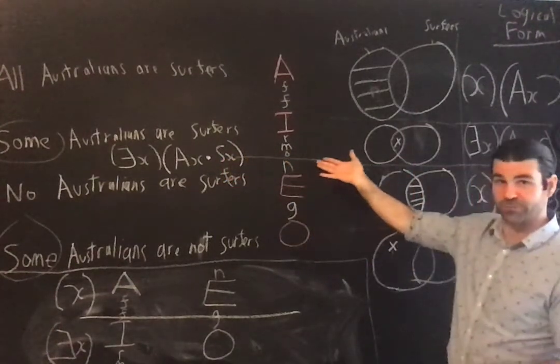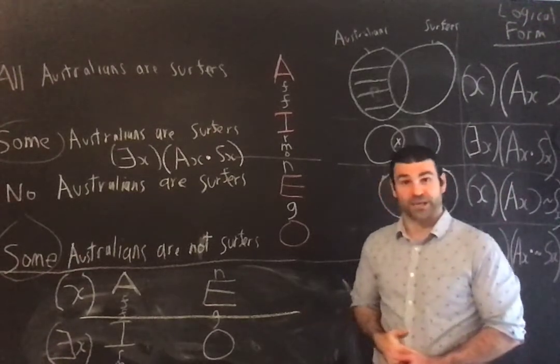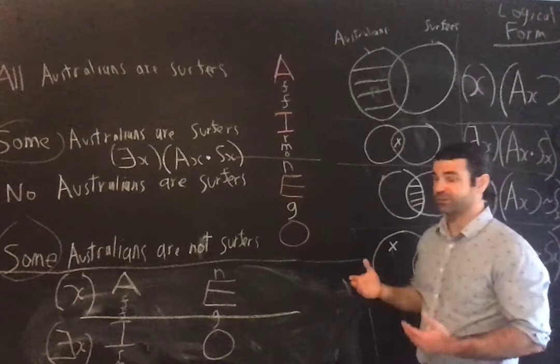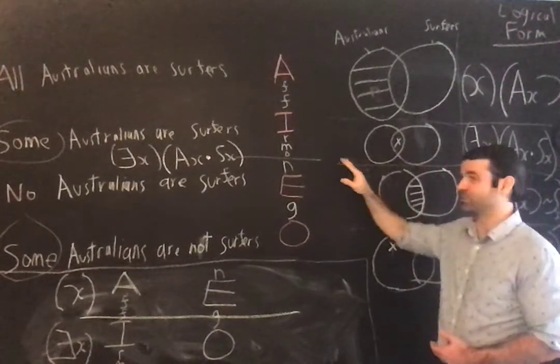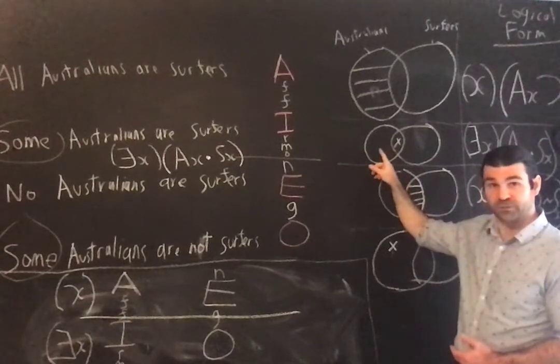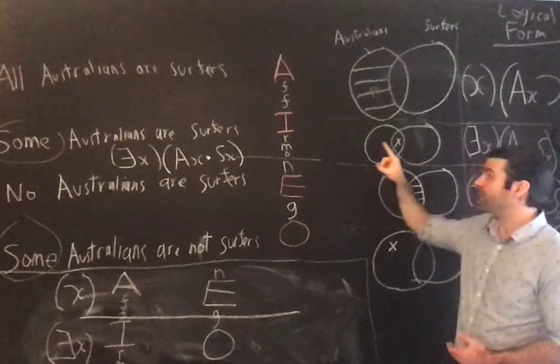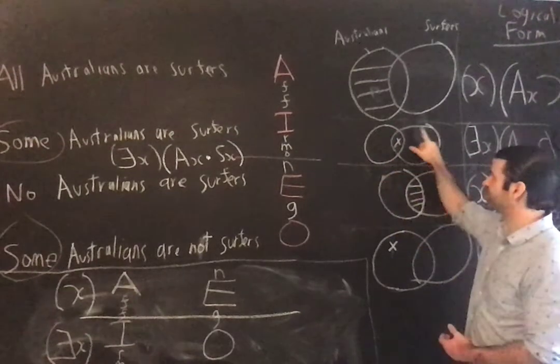Secondly, I form, particular inclusion. Some Australians are surfers. Okay? What am I saying when I am saying that? What is the correct sort of Venn diagram for this? Working towards a logical form. Some Australians are surfers. There are some amongst the subject class that are also included in the predicate class.